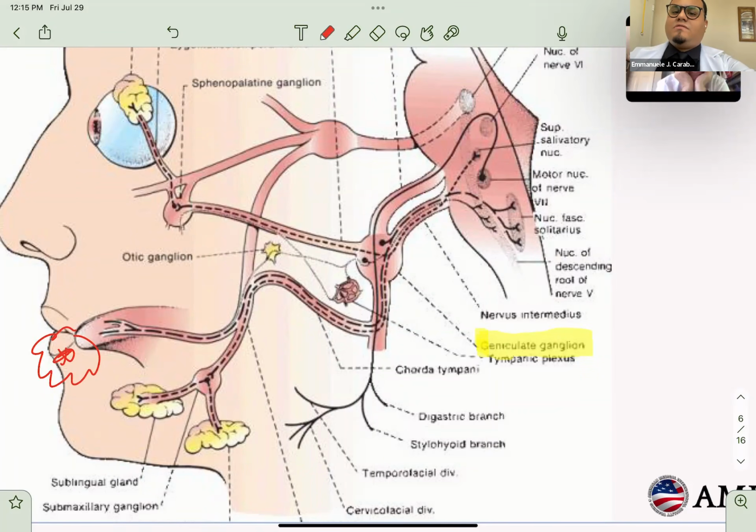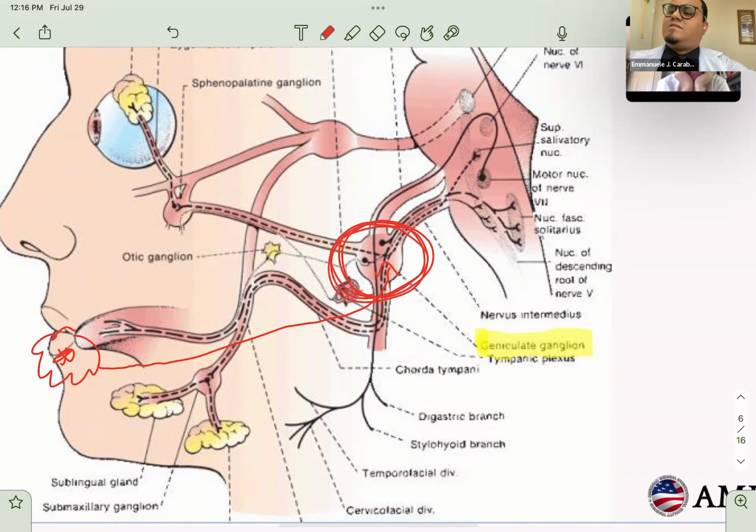When the inflammation is done and the infection remits, this virus tends to go to the geniculate ganglion here. And it stays here in a latent form.